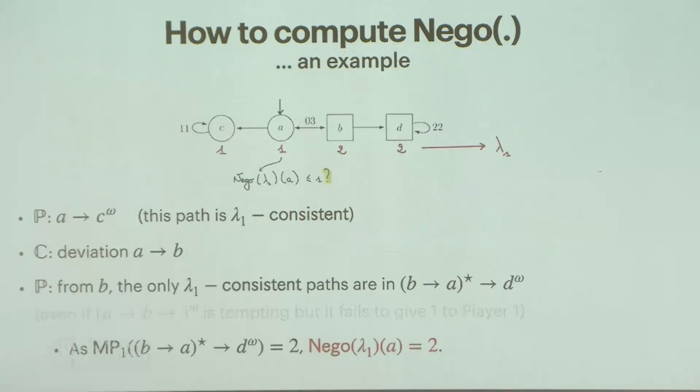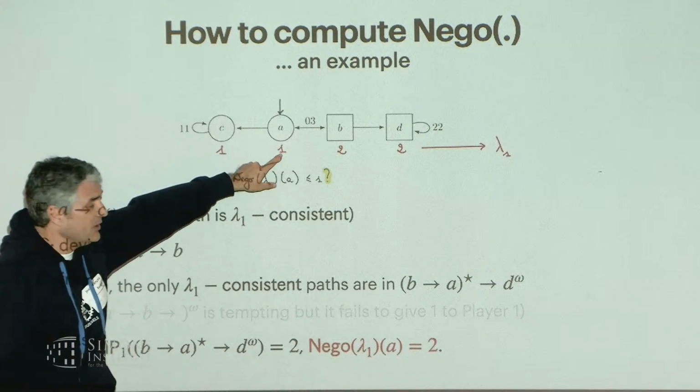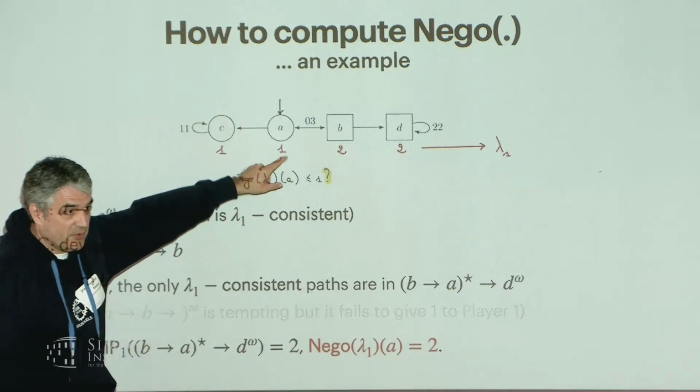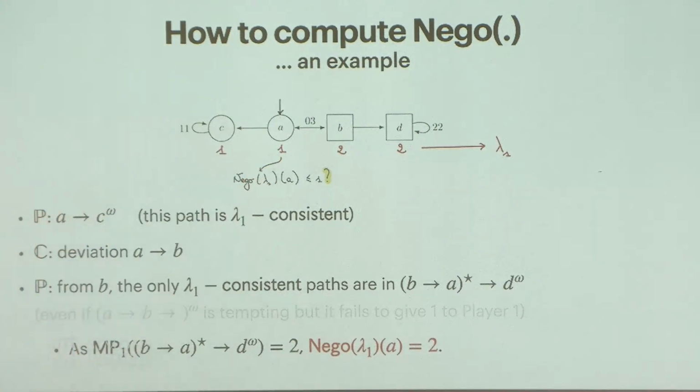Let me give you an example so that you can build intuition about this negotiation function. I start with the worst case value as announced, and then I ask myself, is it possible for player circle here to improve on the 2? I claim that this is the case. Why?